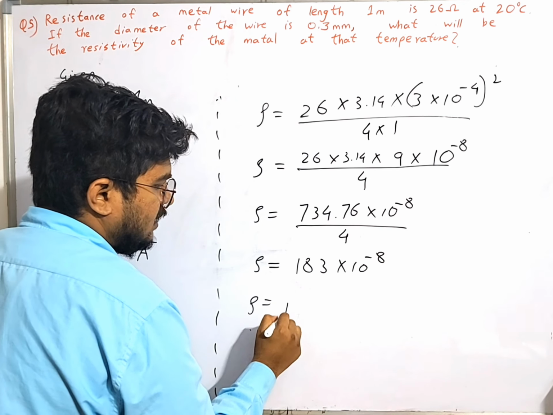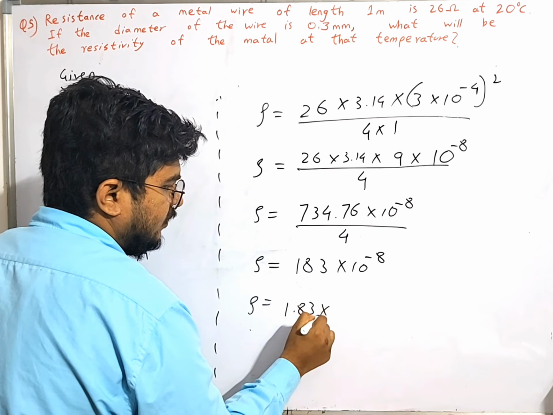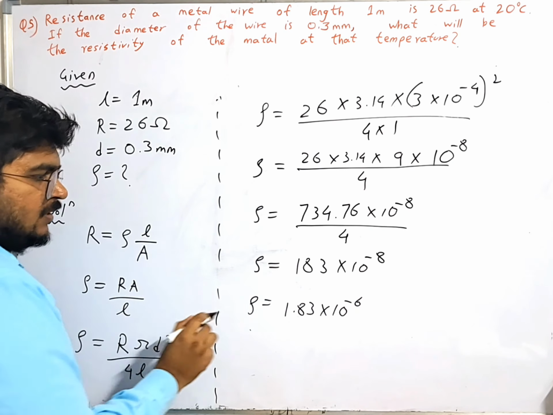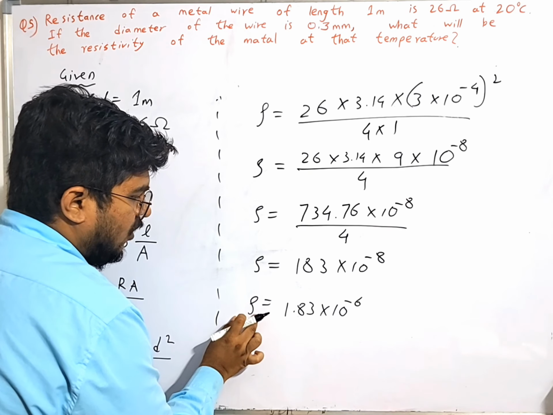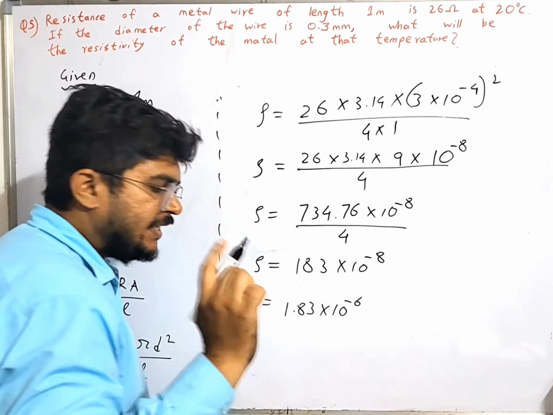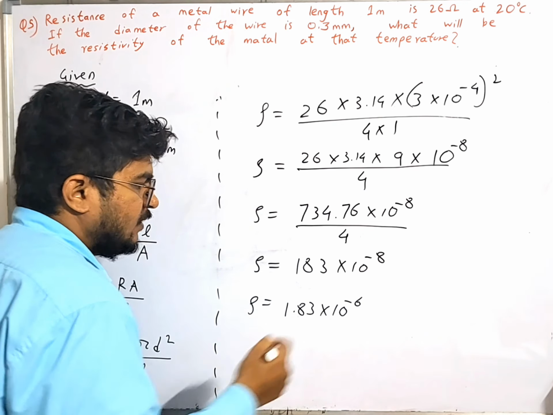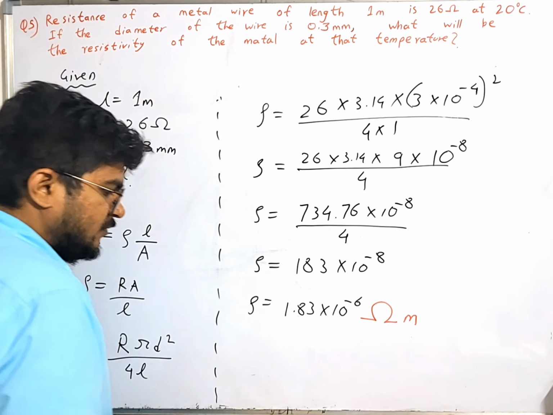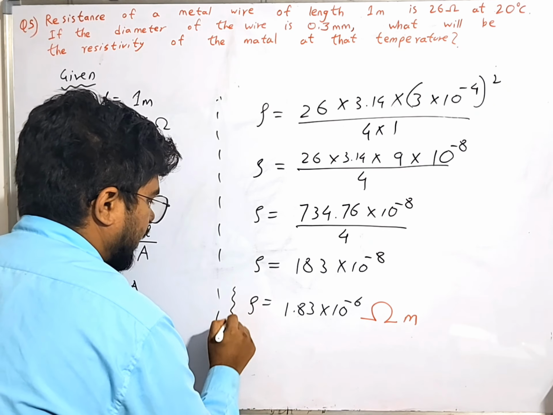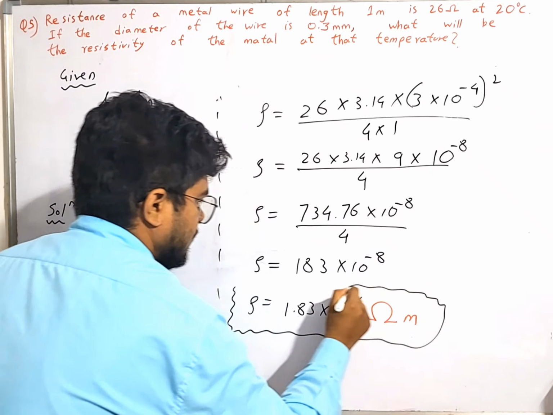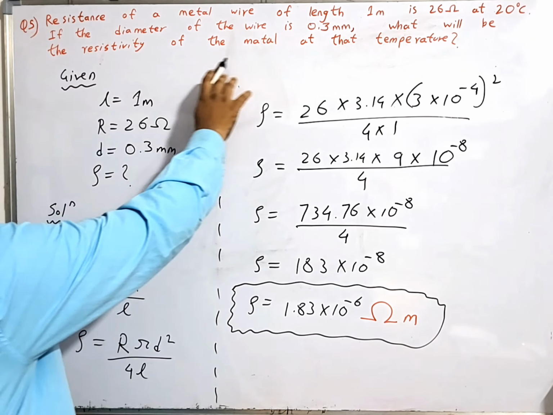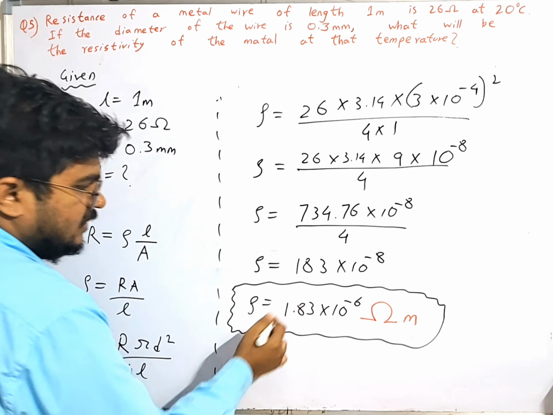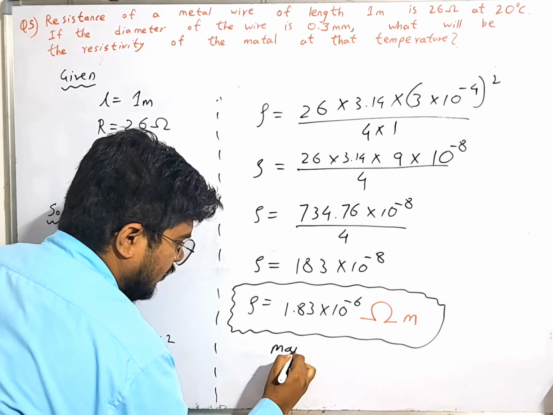Further, you can simplify as 1.83 into 10 raised to minus 6. Now, the unit of resistivity is ohm meters. Unit of resistivity is ohm meters. So this is the final answer. The resistivity of metal at that particular temperature. This resistivity is of the particular material called manganese.